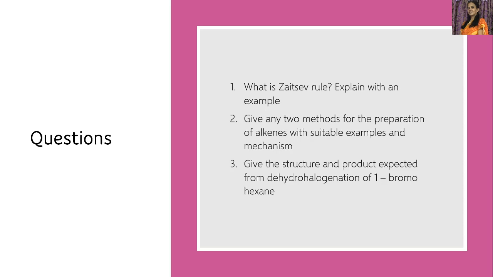These are the three methods we studied. Any two you can write easily. Next: give the structure and product expected from the dehydrohalogenation of 1-bromohexane. Write the structure of 1-bromohexane, subject it to dehydrohalogenation, then predict the product.